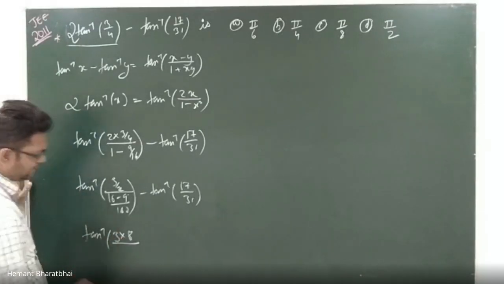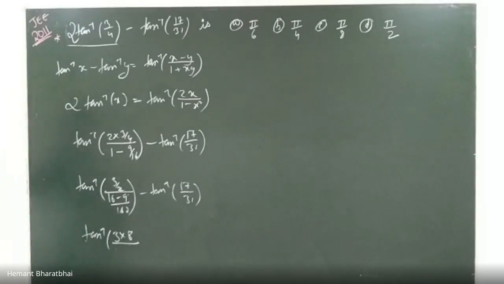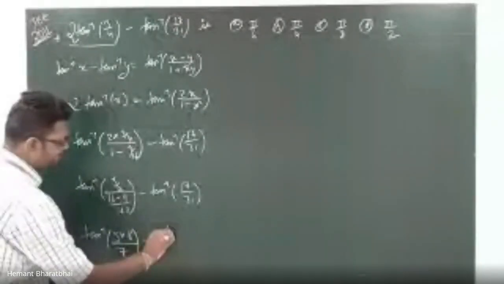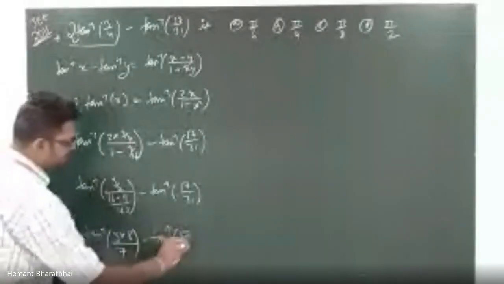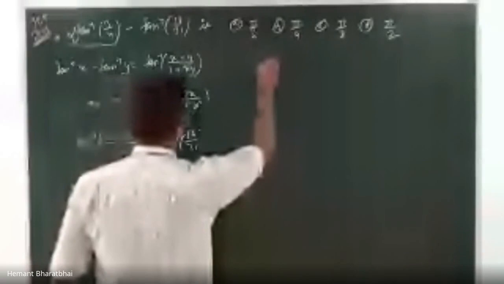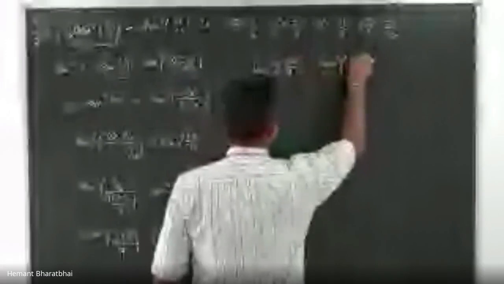So 3 into 8 upon 16 minus 9. That will be how much? 7. Minus tan inverse of 17 by 31. So that will be tan inverse of 24 by 7 minus tan inverse of 17 by 31.